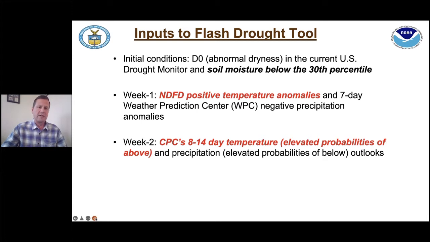And on the week 2 time scale, the forecast inputs are the week 2 temperature and precipitation outlooks, elevated probabilities of above normal temperatures, and also below normal precipitation. So where all those conditions are met, that would spit out a flash drought signal for us to potentially forecast for.